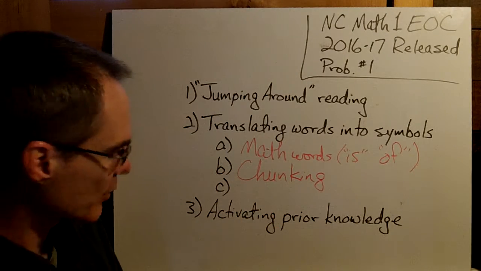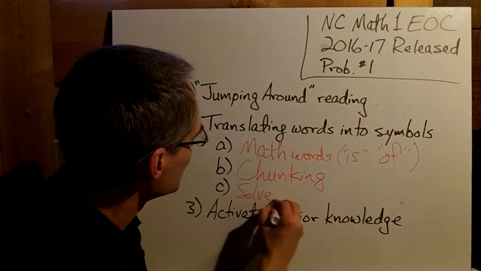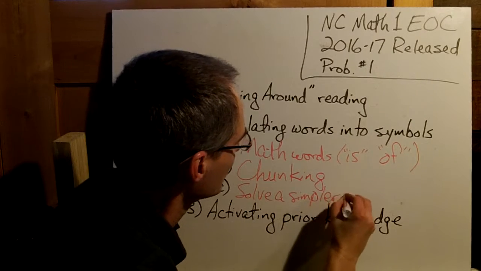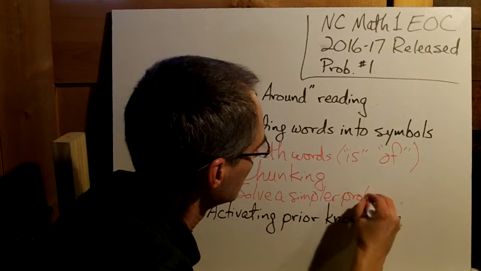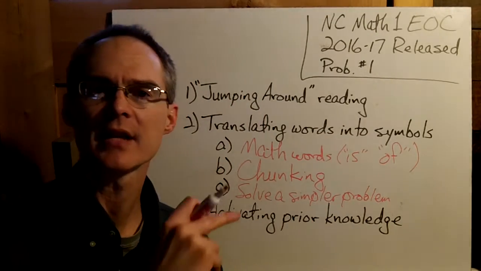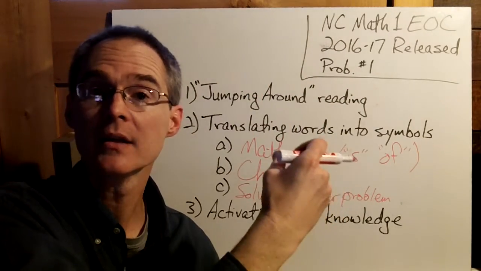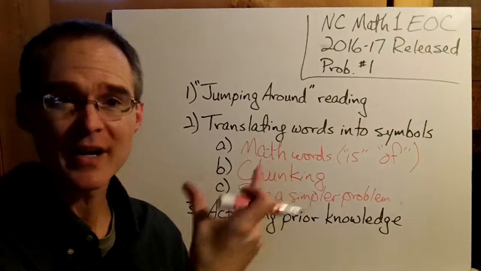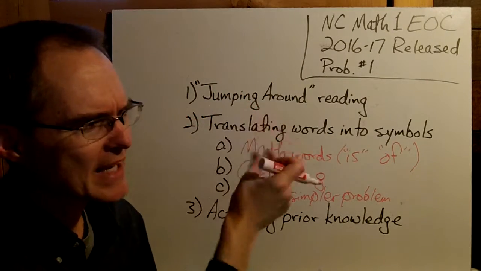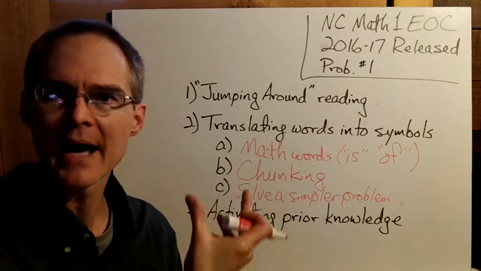Also related to translating words into symbols, I used a strategy that I call solve a simpler problem. And you may remember when I first started to translate the sentence into the algebraic notation, I first said Jesse's bus ride equals Robert's bus ride. That was the beginning of my equation.